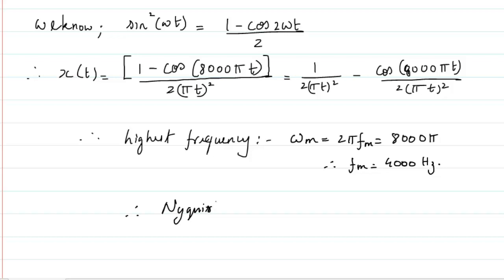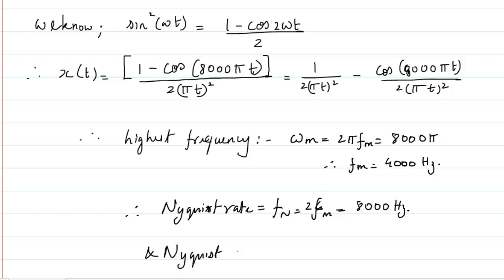Therefore Nyquist rate is going to be equal to fn, which is 2 times fm, which is going to be 8000 hertz, and Nyquist interval is going to be 1 by fn, which turns out to be 1 divided by 8000, which turns out to be 0.125 milliseconds.